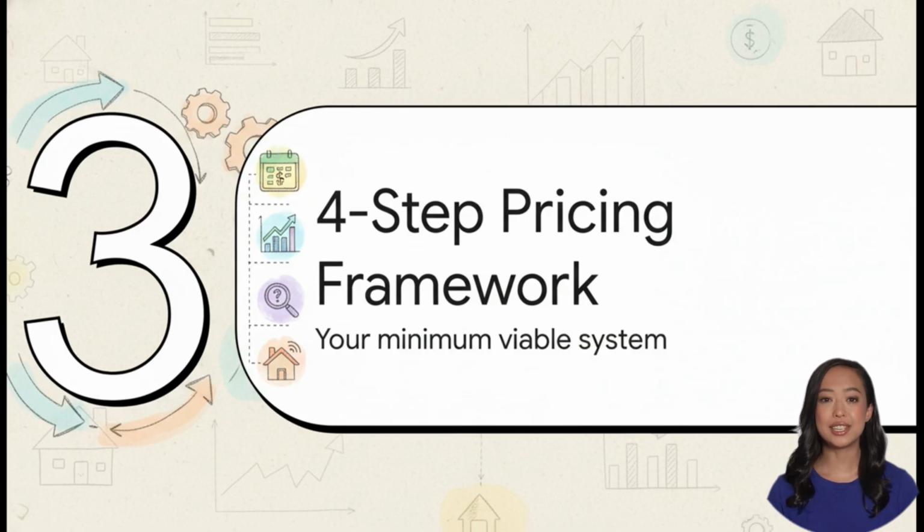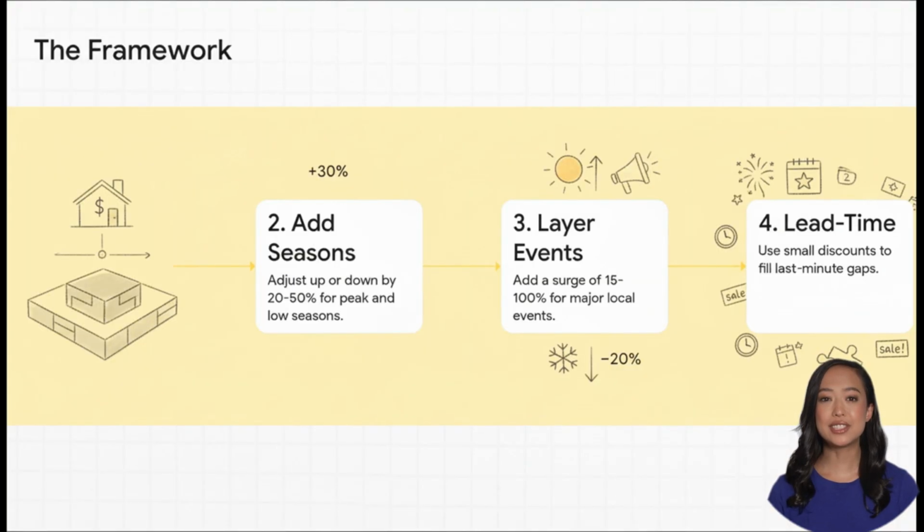Step 1, you set a solid base price. This is based on your property's real value. Let's just say it's $100 a night. Okay. Step 2, you layer on seasonal changes. So in your busy season, maybe you add 30%. Now you're at 130. In the slow season, you might knock off 20%, so you're down to 80. Step 3 is for special events.